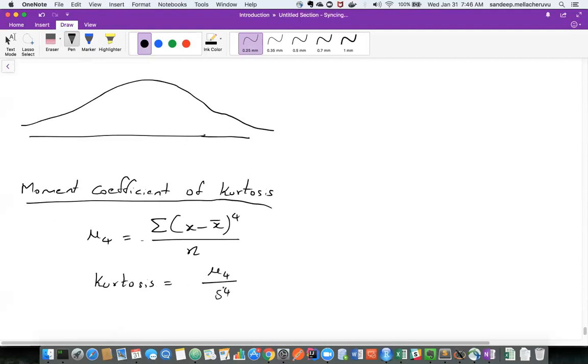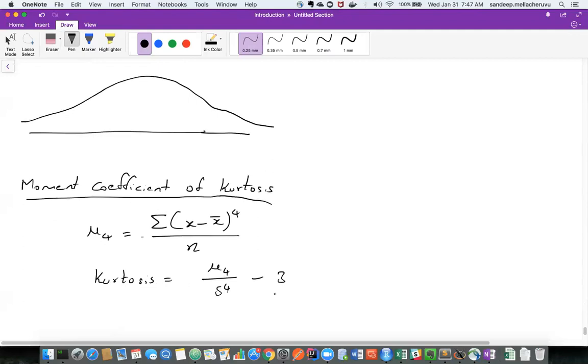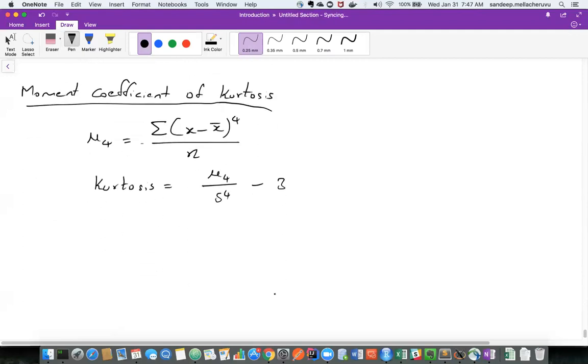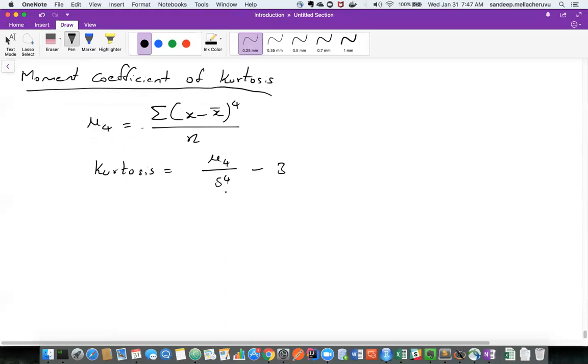What is s power 4? It is again standard deviation power 4, minus 3. So again, there is some difference in opinions on this formula. Some people will not use this minus 3, but I would suggest using minus 3 because it is easier to interpret. I'll show you how.